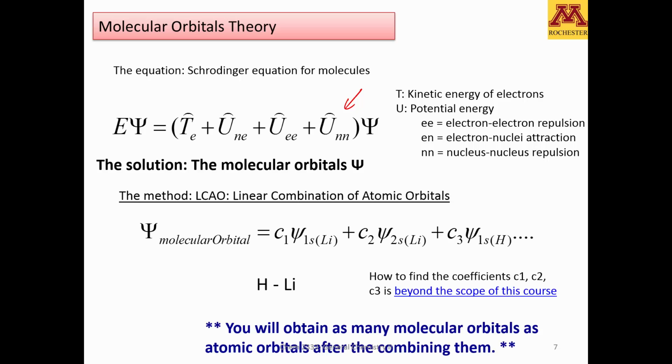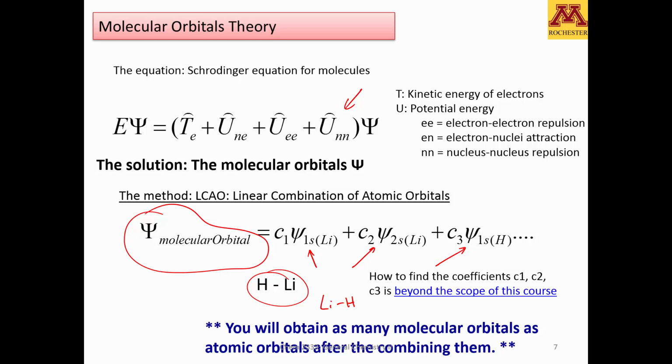For example, one of the simplest molecules, lithium hydride, so you usually put the more electronegative atom on the right. The overall wave of a molecular orbital, and that's what a molecular orbital will be, a wave that gives you where the electron is in the entire molecule, will be a combination of atomic orbitals.